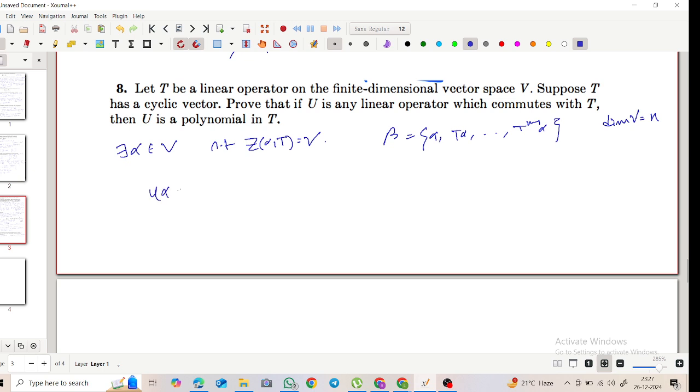So U alpha, what is U alpha? I mean U alpha is again a linear combination of all these: c0 alpha plus c1 T alpha up to c(n minus 1) T to the power n minus 1 alpha, right?